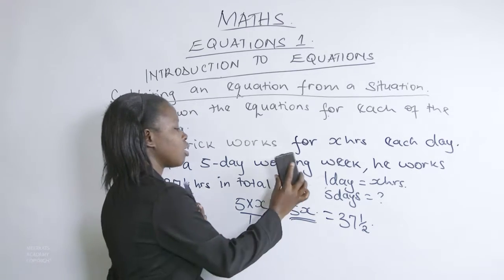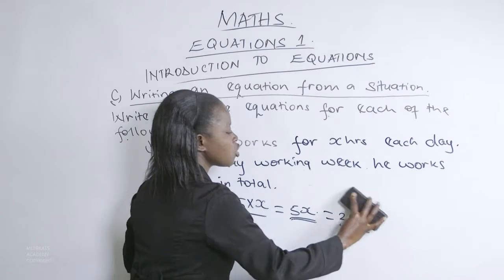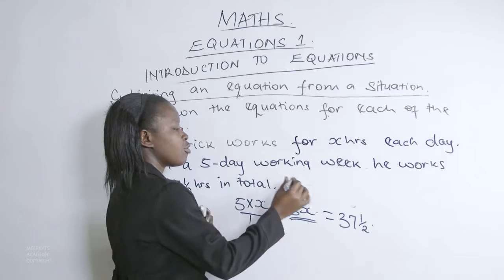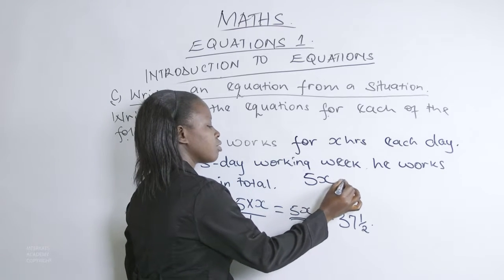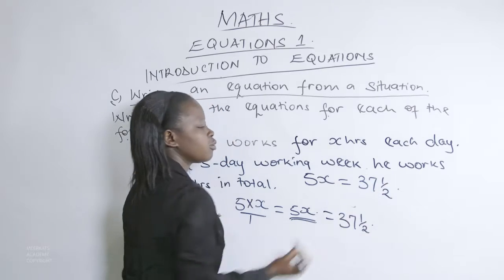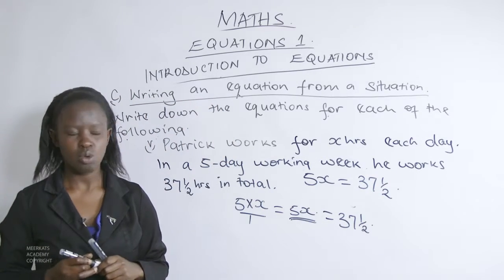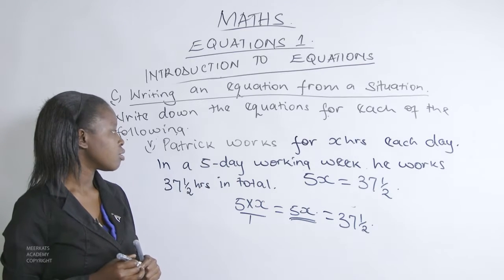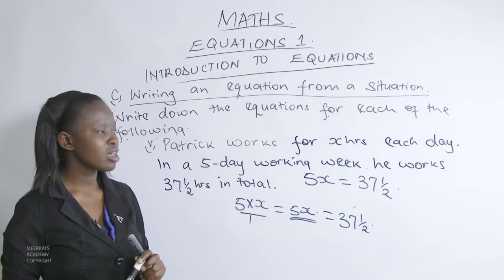So we are writing the equation in this situation, and our equation should be 5X is equal to 37.5.